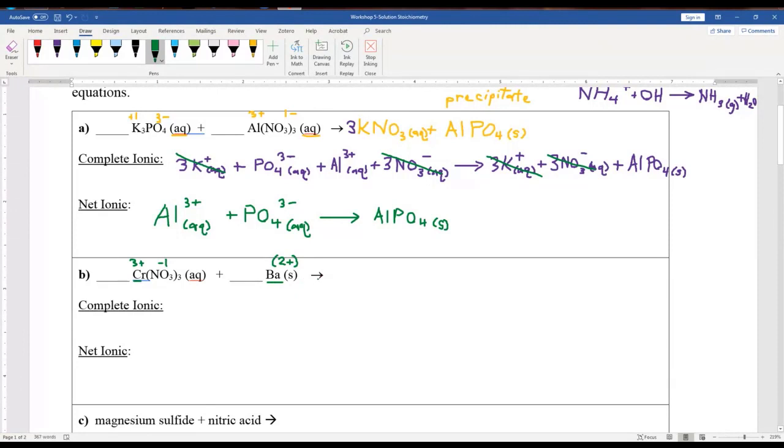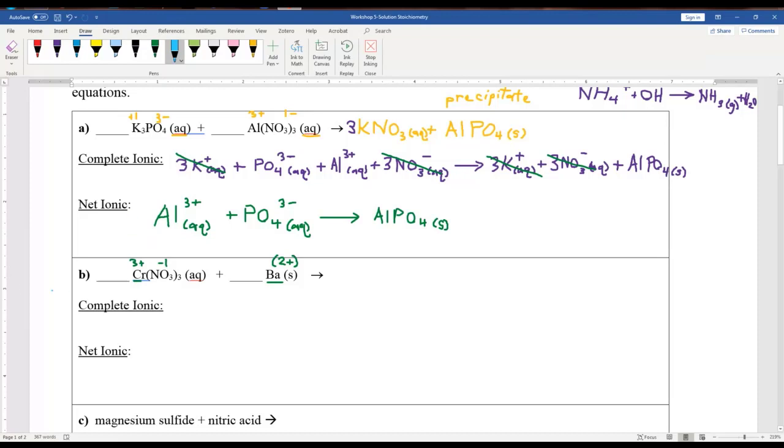So if this is a single replacement reaction, what switches places with what? The metals will switch places, which means that barium is going to go with what? Nitrate. Metals switch places. So chromium gets kicked off on its own.